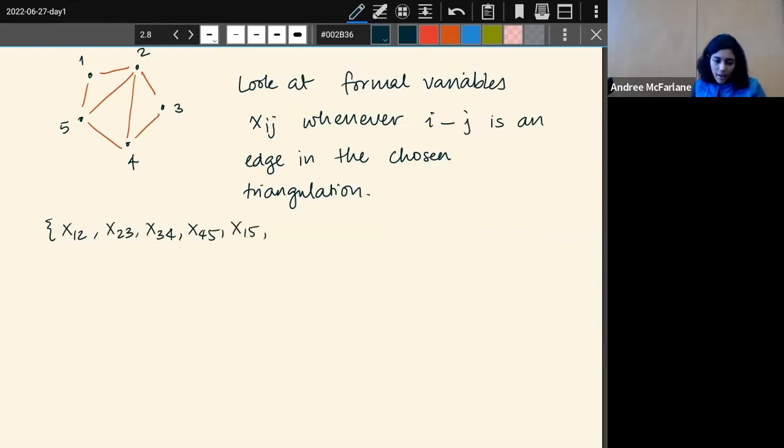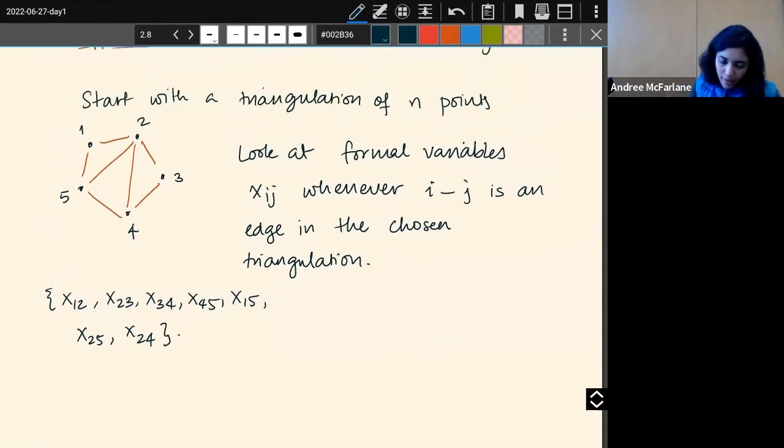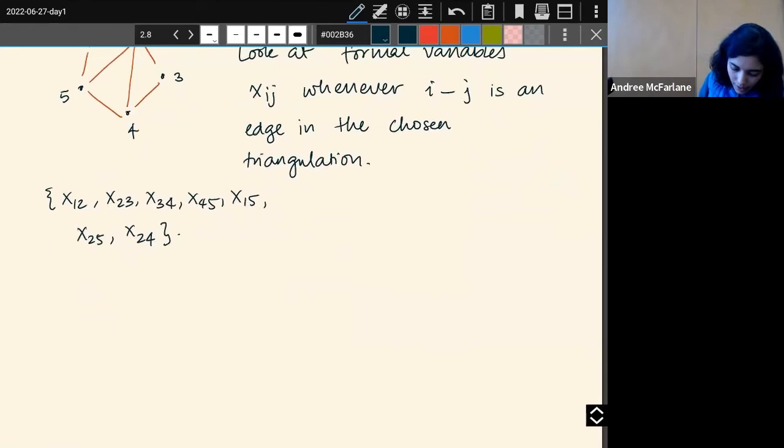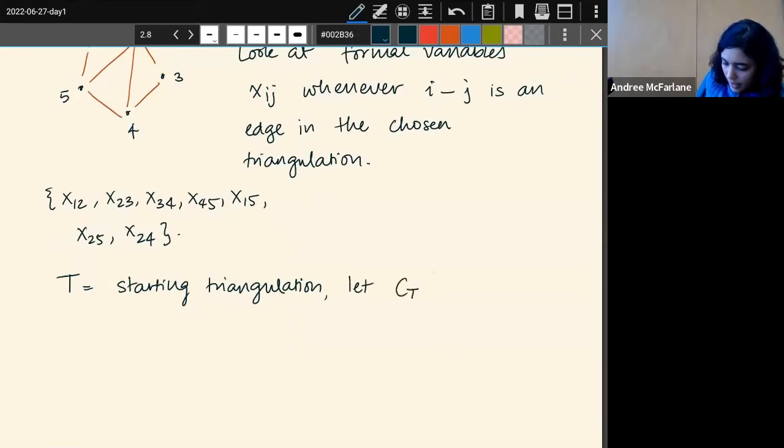But then the more relevant ones are x25 and x24. And just for the sake of notation, if T is my triangulation, let me call this set C_T.